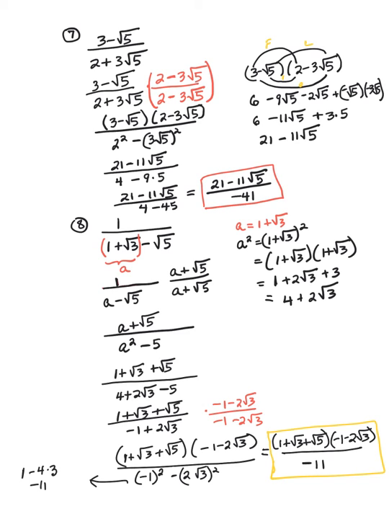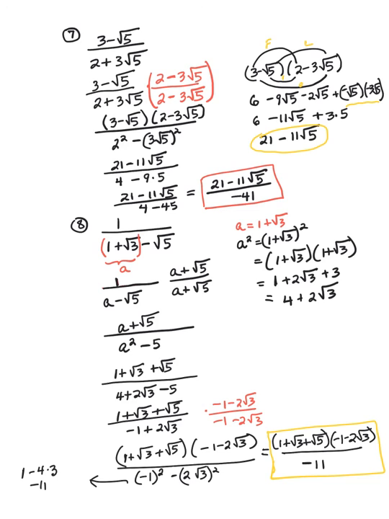And keep in mind that the negative root 5 times the negative 3 root 5 multiply to positive 3 times 5, so that this combines to be 21 minus 11 root 5. That would be the numerator.